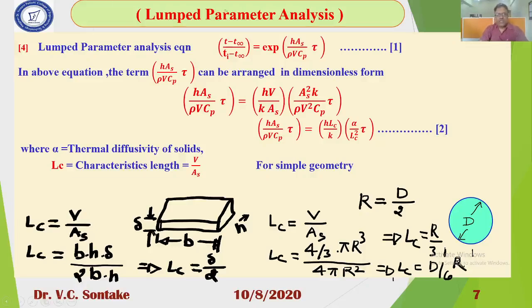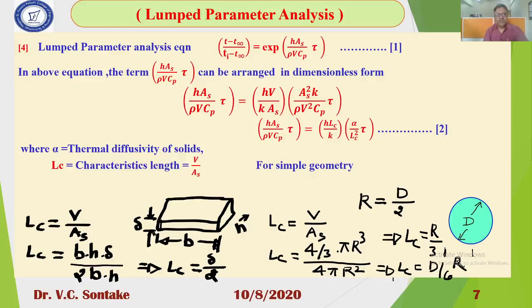So from this discussion it is clear that the equation (T minus T infinity) over (Ti minus T infinity) can also be written as exponential of minus h Lc by k into alpha tau over Lc square, where alpha is thermal diffusivity and Lc is the characteristic length of the solid given by volume over surface area.